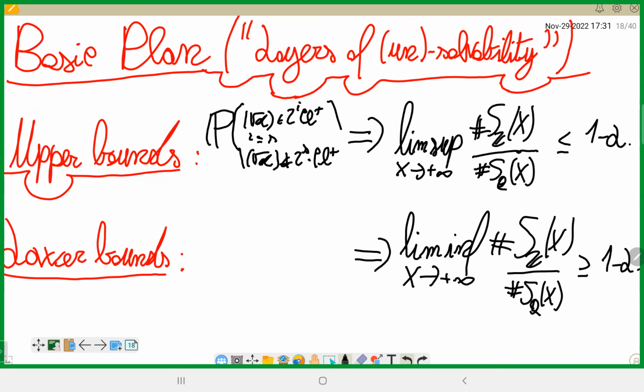and square root d is not in 2 to the s class plus. So you see this event here, you have managed to survive the first s layers, but the, oh, sorry, s+1. But the s+1 layer, you fail it. For sure, then square root d cannot be 0, because 0 is certainly divisible by 2 to the s+1. So square root d cannot be 0, and you have verified it with the power 2 to the s+1.